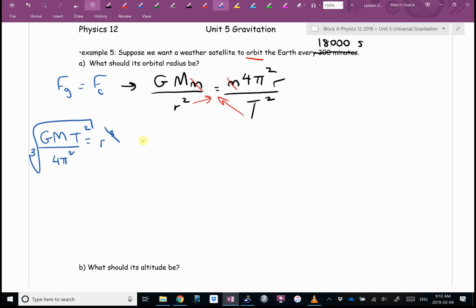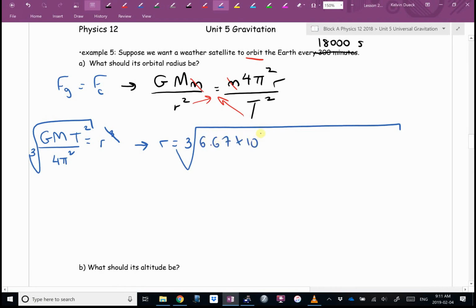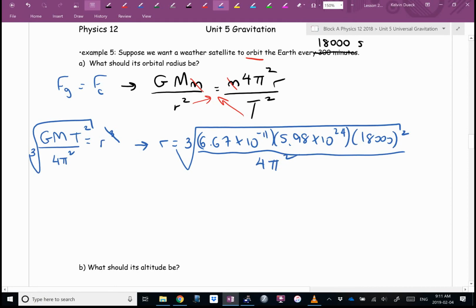And if you can't find it, I'll help you with it in just a second, but let me write this out first. R equals the cube root of 6.67 times 10 to the negative 11, 5.98 times 10 to the 24th, 18,000, don't forget the squared, Mr. Dueck, all divided by 4 pi squared.